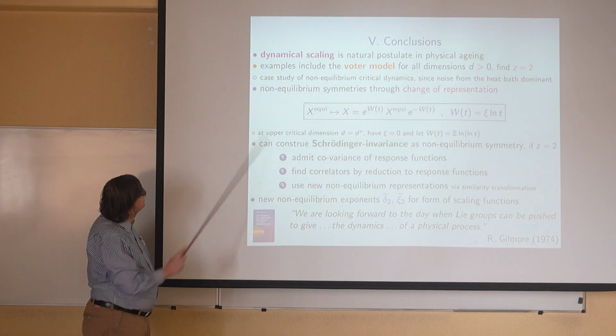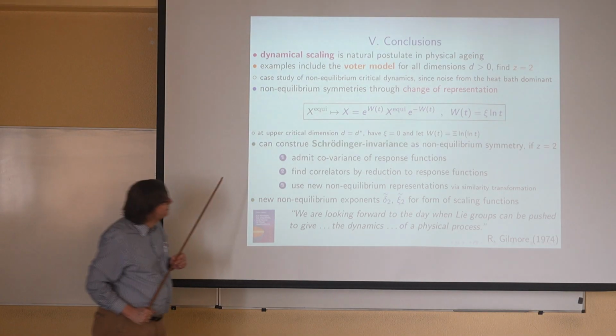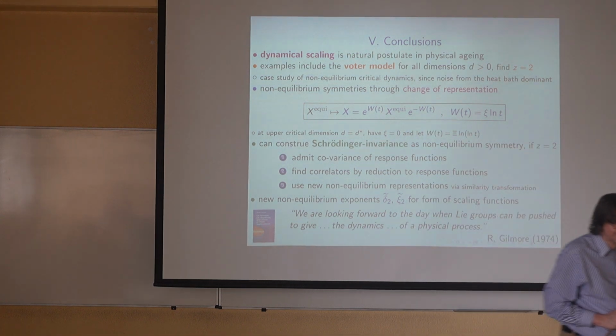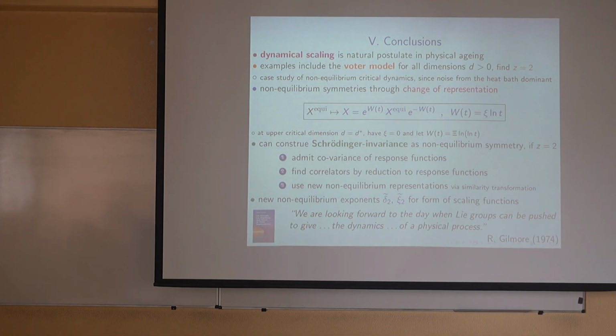In particular, it's a case study for non-equilibrium dynamics, because the noise from the heat part is dominant and not from the initial state, and it would be the case if we were doing phase ordering kinetics below the heat. So it's really, it has no surface tension, as you can know from the literature, but what you see sometimes is that it should be related to phase ordering kinetics.